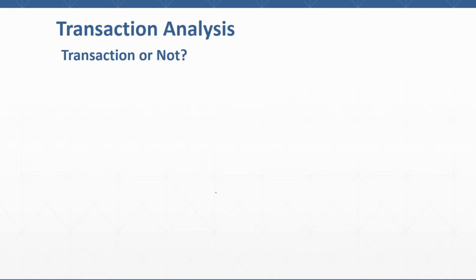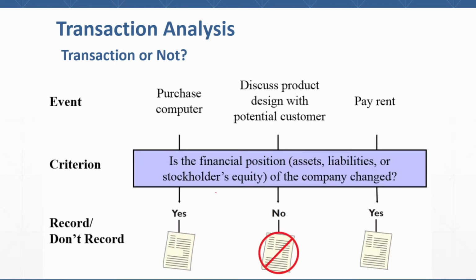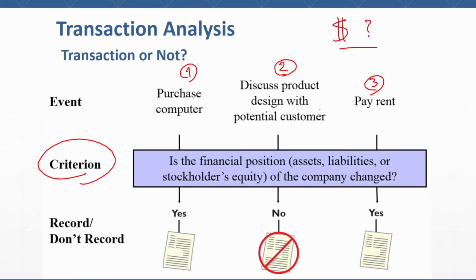So, what kind of events, what kind of activities should be considered as an economic transaction? For example, here we have three events. We purchase a computer, we discuss product design with a customer, and we pay our rent. Which one should be considered as an economic transaction? Is money involved?